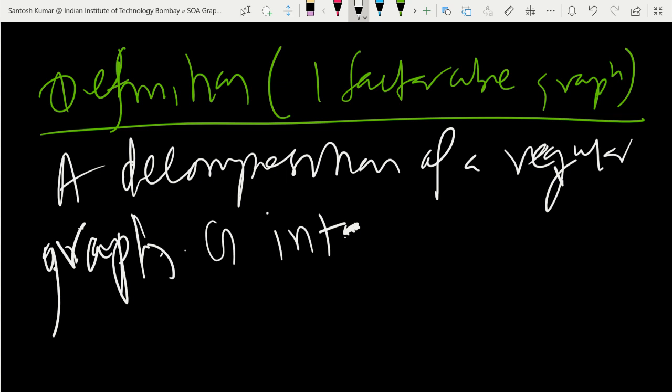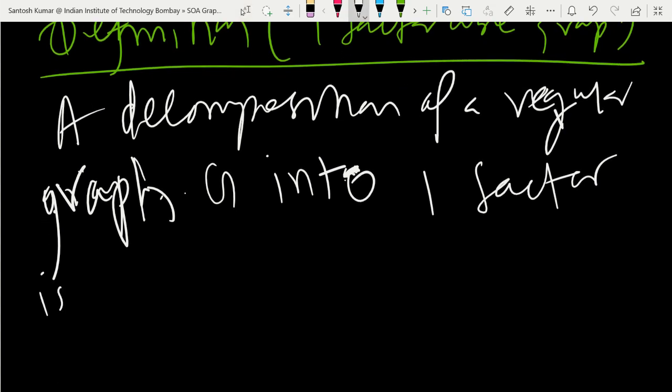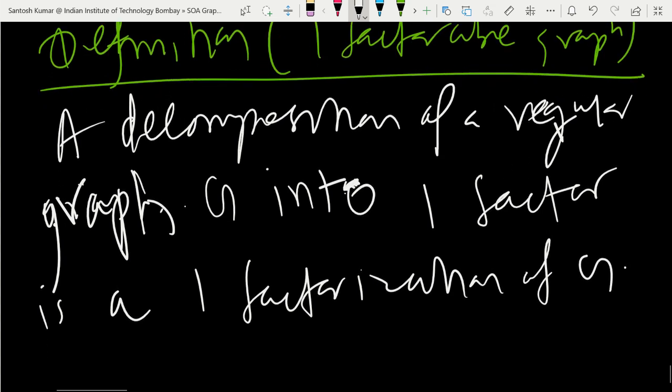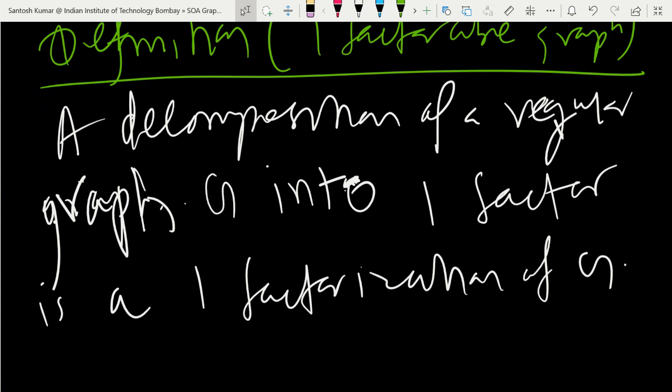A decomposition of a regular graph G into one factor is a one factorization of G. So decomposition of a regular graph into one factor is one factorization of G.